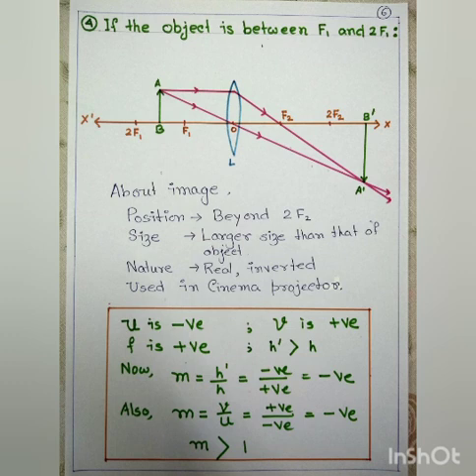Now here also the object distance u is negative, image distance v is positive, focal length of the convex lens is positive, therefore magnification m equals h prime by h, which is negative also. And here also if you consider v by u, then also it is negative, and magnification will be greater than 1. As here h prime is greater than h, the magnification will be greater than 1.